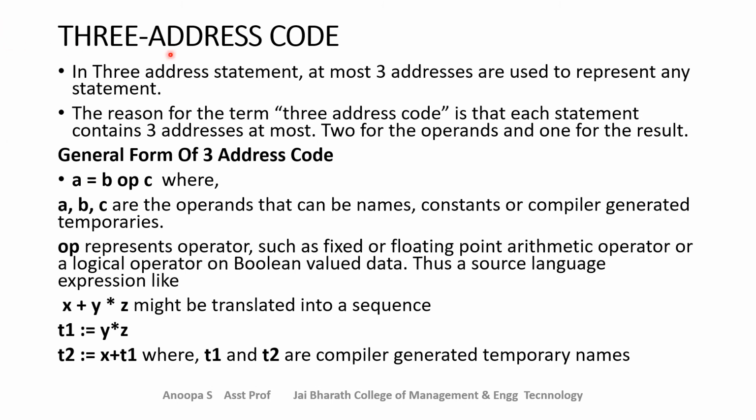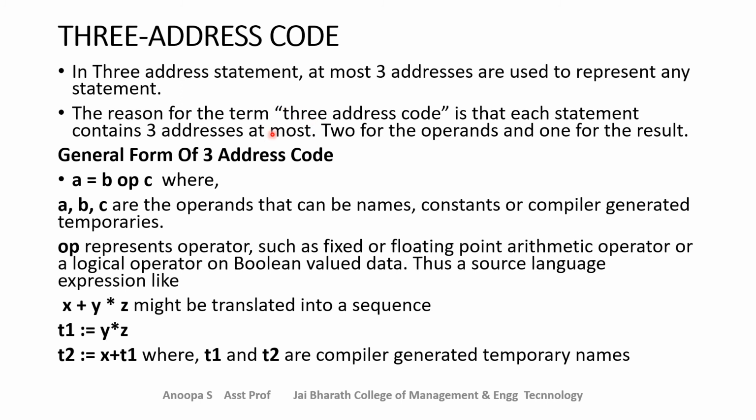Next is three address code. From the name itself, we can get an idea, or perhaps you might have learned it in the computer organization paper itself. So in three address code, a maximum of three operands can be used, right? So in a three address statement, at most three addresses are used to represent any statement. So each statement contains three addresses at most.